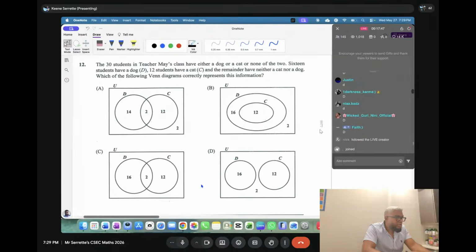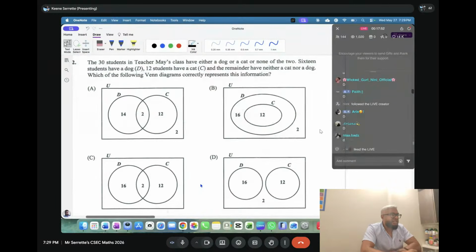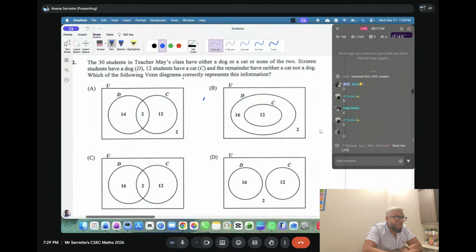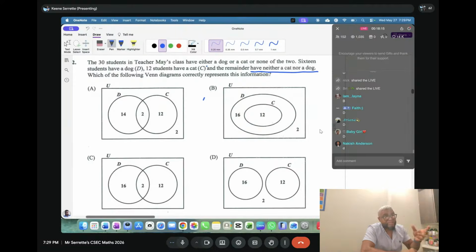So, the 30 students in Teacher May's class have either a dog or a cat or neither. 16 students have a dog, 12 students have a cat, and the remainder have neither a dog nor a cat. So, the Venn diagram to represent this. Look at this. There are no people who have both a dog and a cat. So what does this tell us?